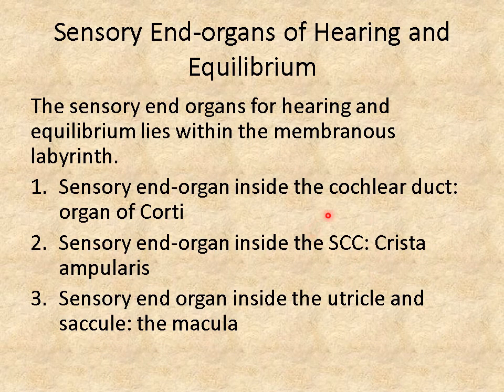Inside the semicircular canal, it's called crista ampullaris, and this is responsible for angular acceleration or the angular movements, whereas inside the utricle and saccule, the macula is responsible for the linear acceleration.